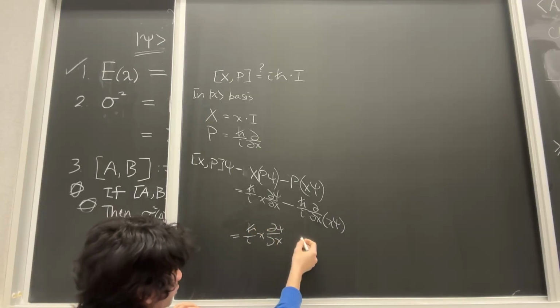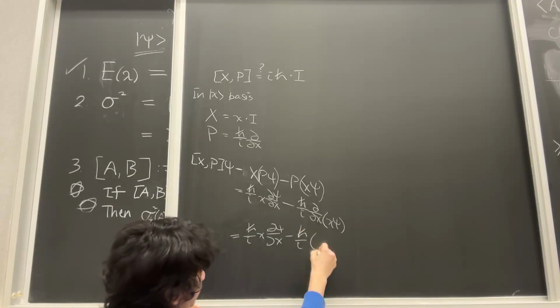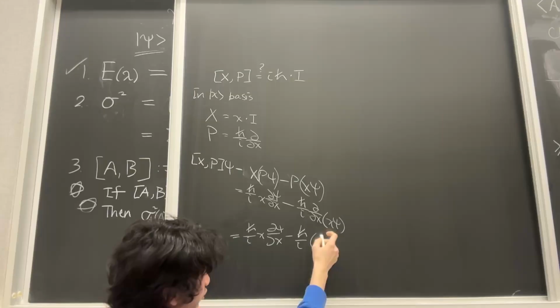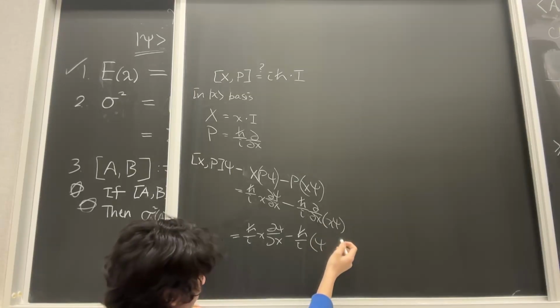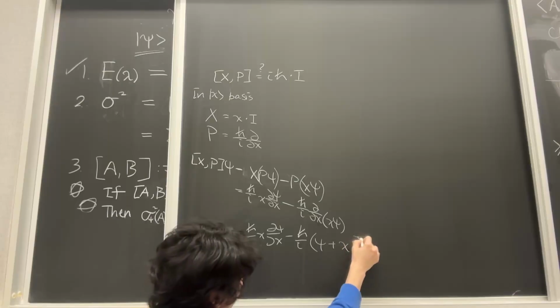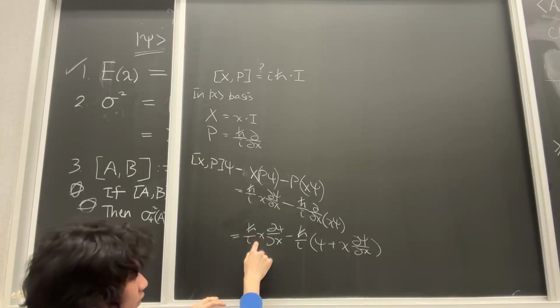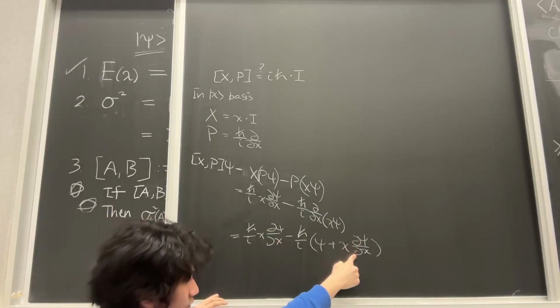So it would be the first one, which is just psi, differentiating x is just 1, plus differentiating the second thing, so it's x partial psi partial x. Right. And then you can see that the first term and the third term cancel.